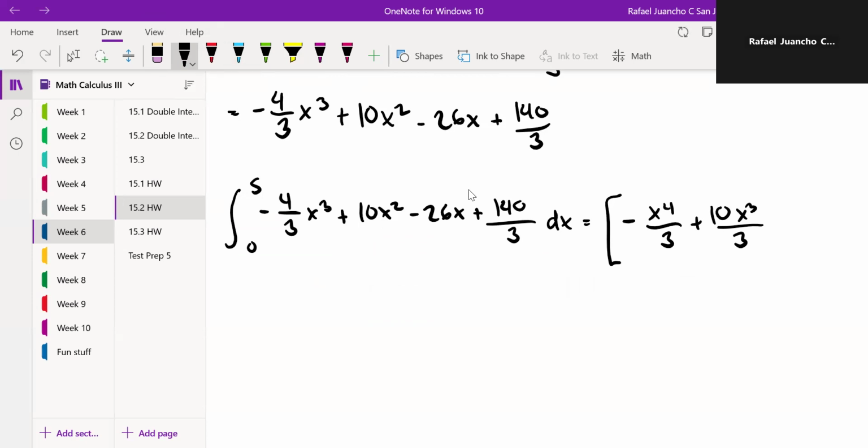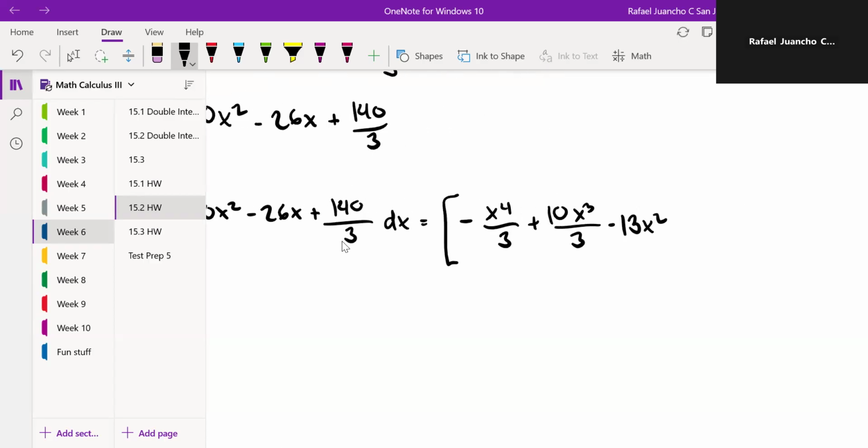So this gives me 13x squared. And here this just gives me, for my last term, 140 over 3 x. This is 0 to 5.